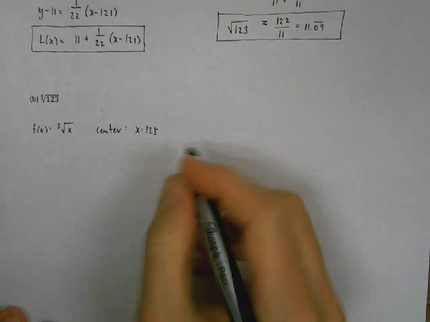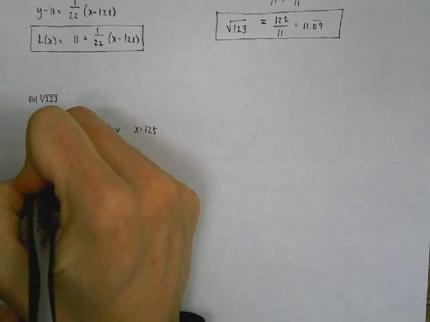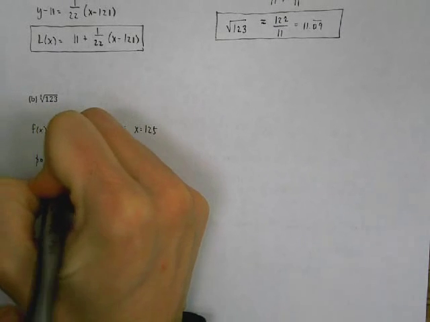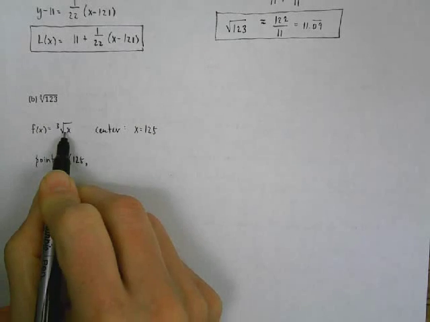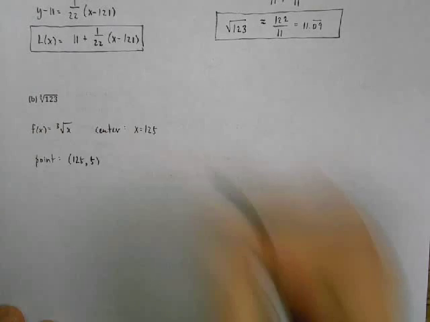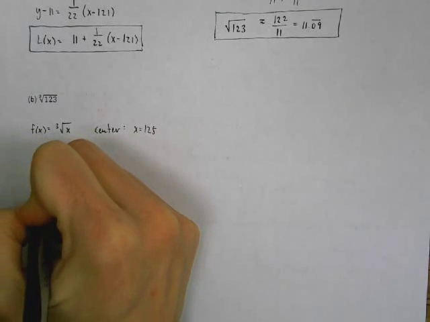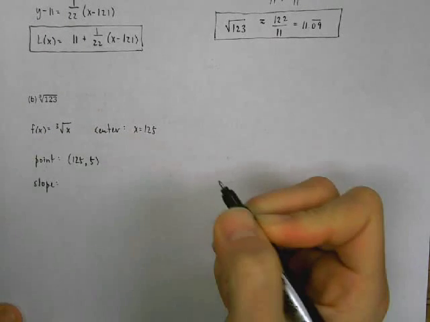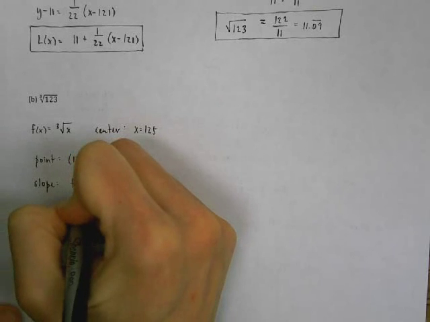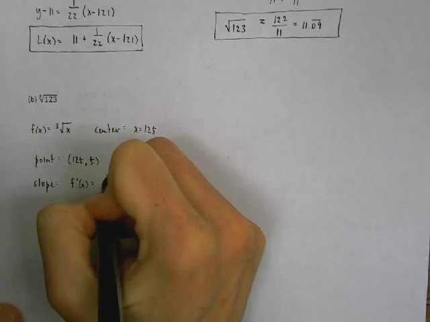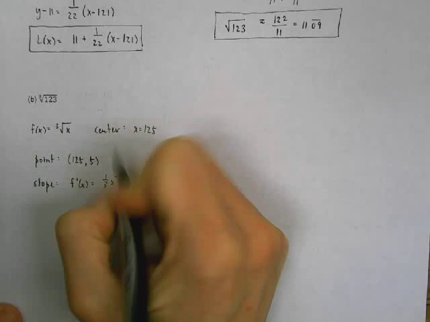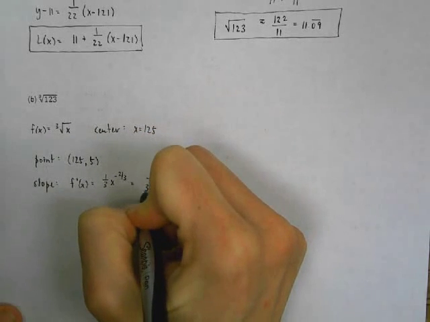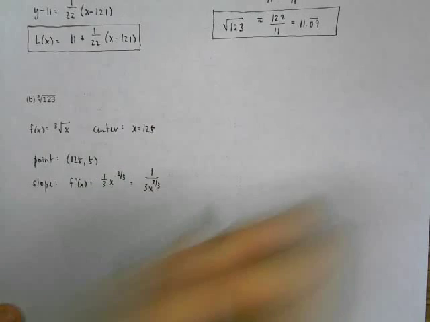So again, we'll go through our same idea. To get our equation, we need a point. So I have 125. Cube root of 125 is just 5. I need a slope. So for that, I need my derivative. So I have 1/3 times x to the negative 2/3. I'm just going to rewrite that.